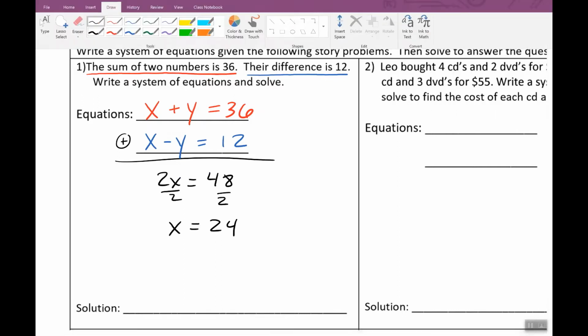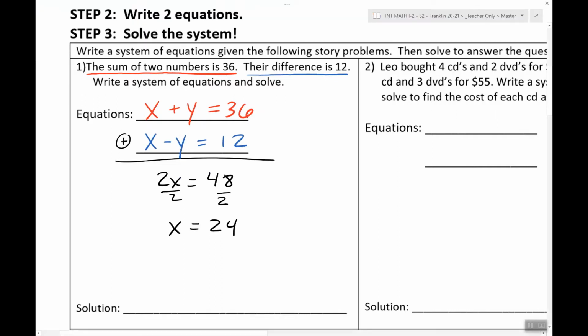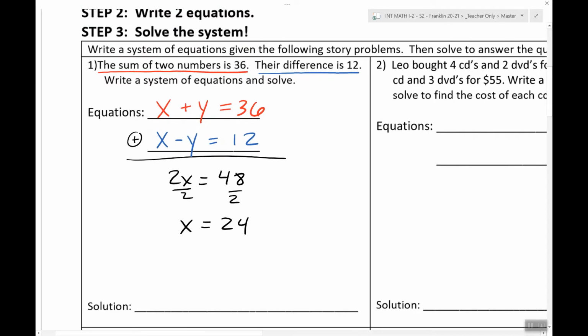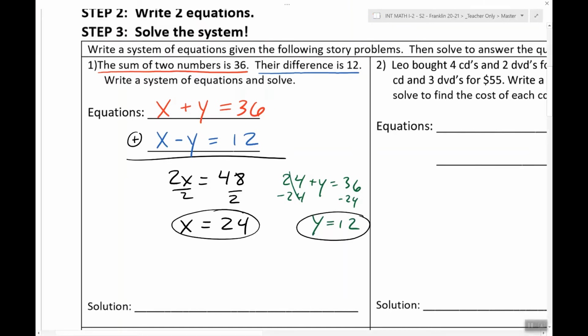And then we can use any of the equations to solve, maybe the first one. 24 plus y equals 36. So we'll subtract 24, and y equals 12. And so our two numbers are 24 and 12. The solution here, we can write that as a point, (24, 12).